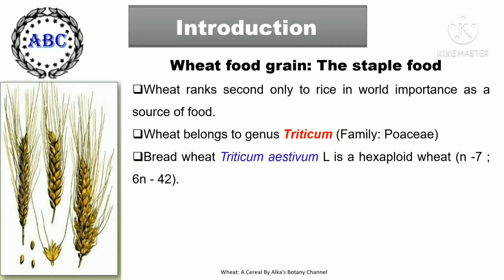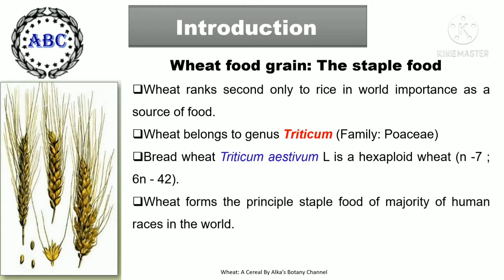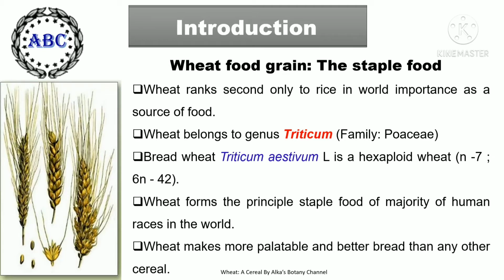The basic chromosome number is 7, whereas hexaploid means 42 chromosomes. Wheat forms the principal staple food of the majority of human races in the world. Wheat makes more palatable and better bread than any other cereal.